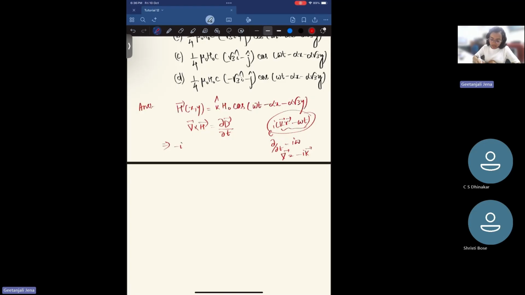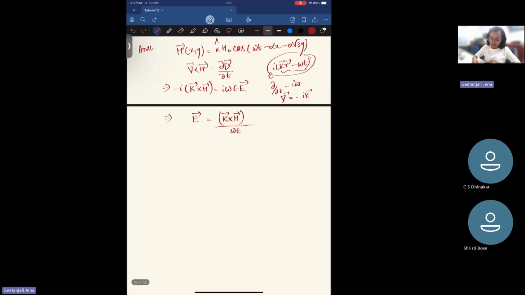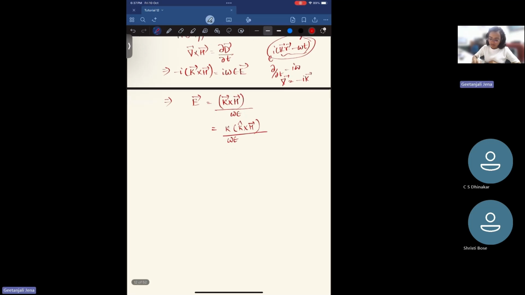So you can write it as i k cross H, and dou by dou t of D is i omega epsilon E. That means E is k cross H by omega epsilon.